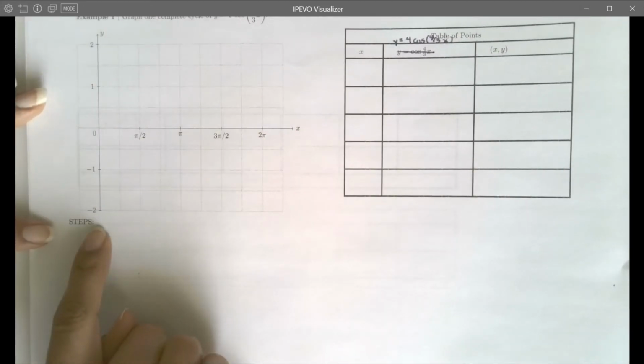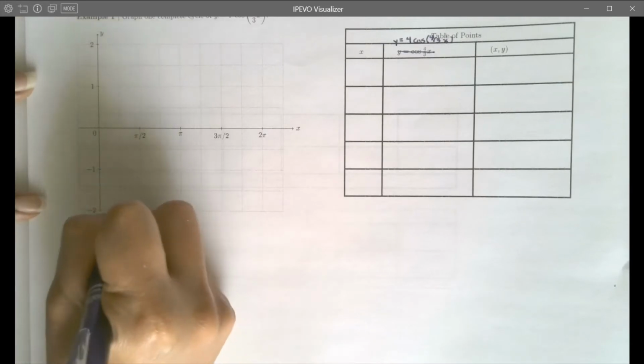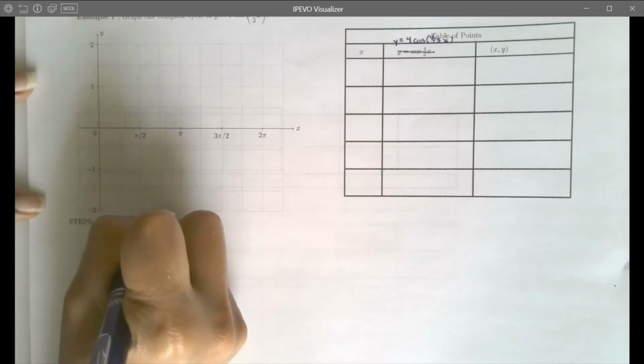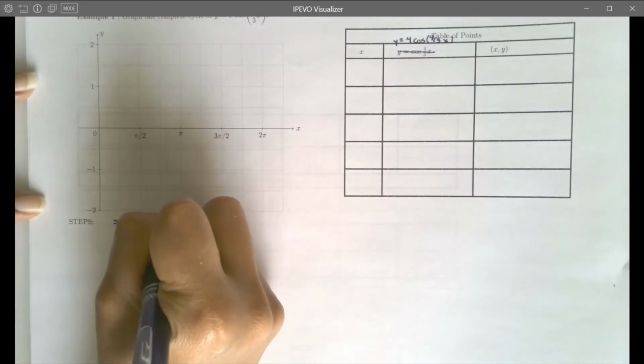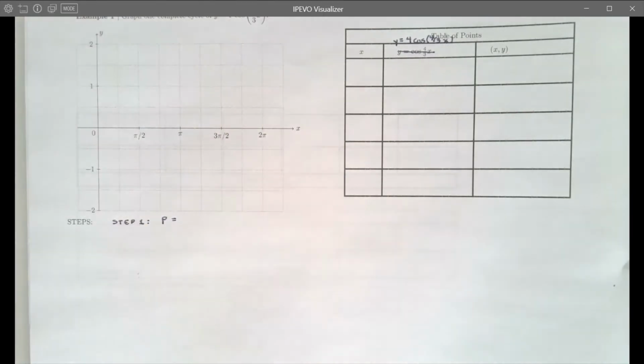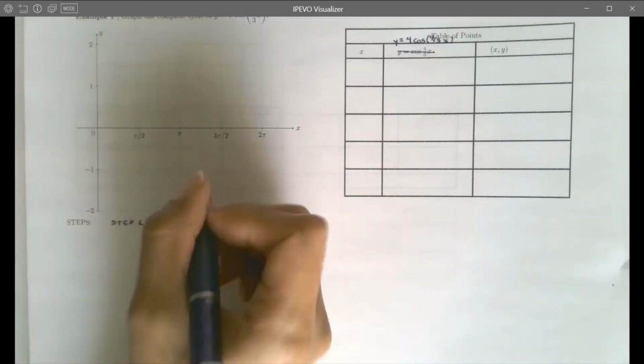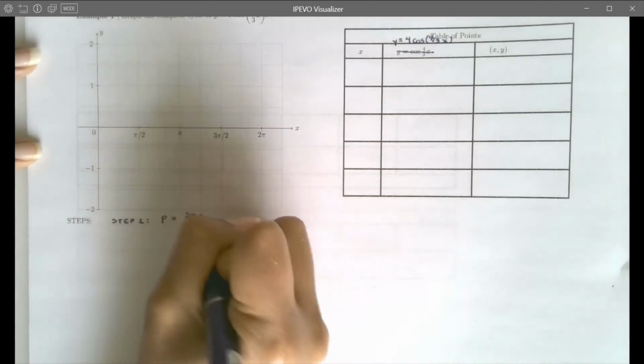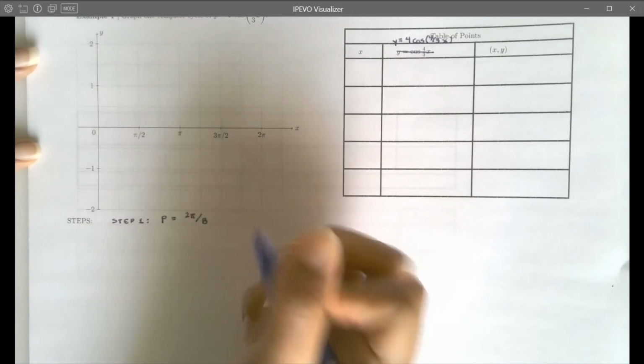In order to get started, I want us to take a first step of finding the period. We devised a way to calculate it for every single instance of a sine or cosine function, and that was to take 2 pi and divide it by the number of cycles, which we call b.